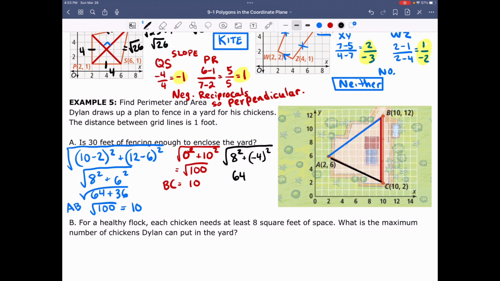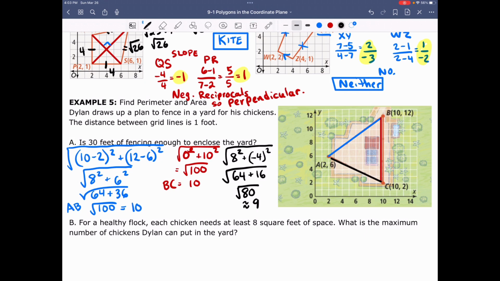Negative 4 squared, 16. Add them, take the square root. So that's going to be 80. I know that the square root of 81 is 9 because 9 times 9 is 81. So this is pretty close to 9. It's a little bit less. It's 8 point something, like 8.9.